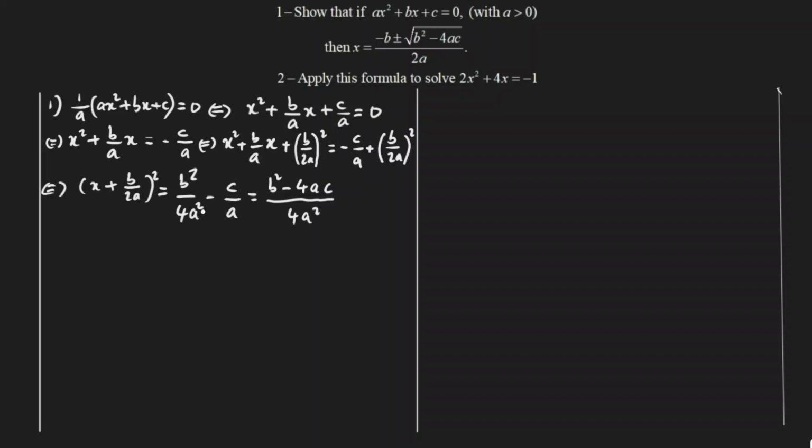In fact, we can write it this way because to make sure that these two expressions have the same denominator, we can multiply the bottom by 4a and multiply also the top by 4a. And if you multiply the top by 4a, we have 4ac.